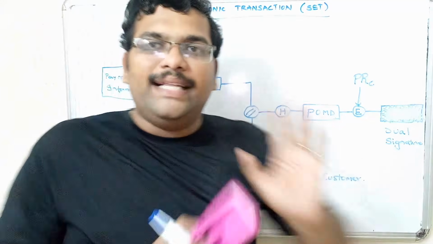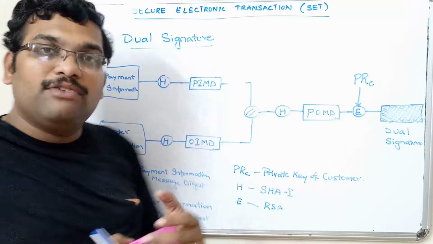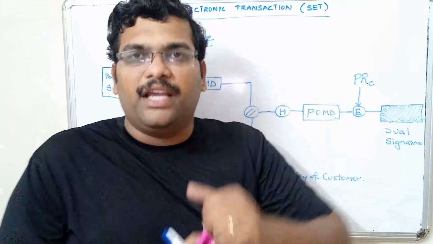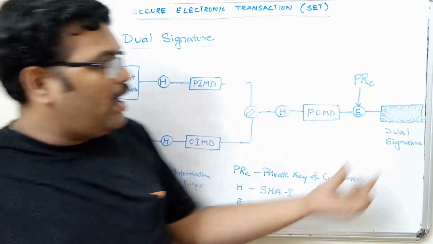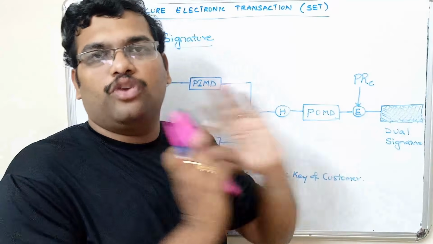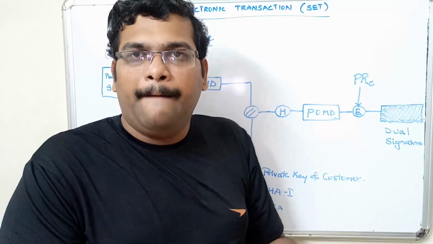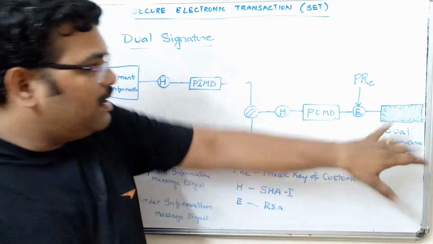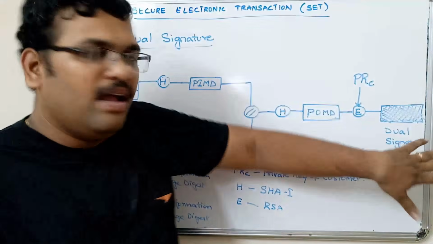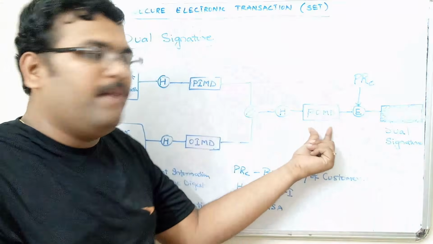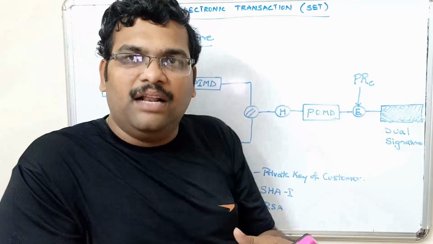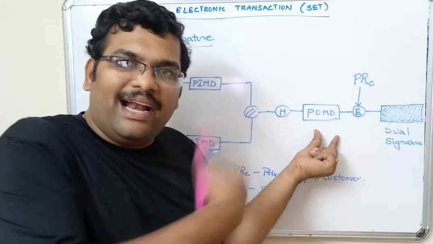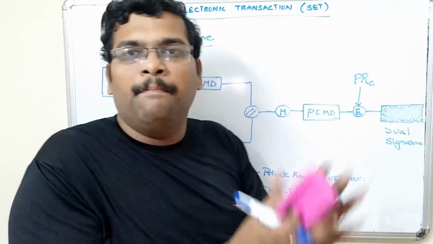So how to get this public key? Previously I have said that sharing the certificates will give the public key of the customers. Along with this dual signature, the certificate will also be sent to the merchant and bank. From the certificate they will get the public key of the customer, they will decrypt this dual signature, and they will again generate the POMD at the bank and merchant itself, and the appended dual signature and the generated dual signature will be compared.